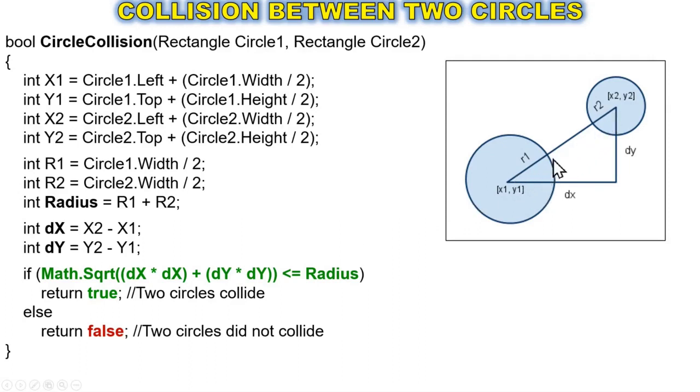The distance between the two centers of the two circles is compared, and if it is less than or equal to the sum of the two radii of the two circles, then the two circles collide. Otherwise, the two circles did not collide.